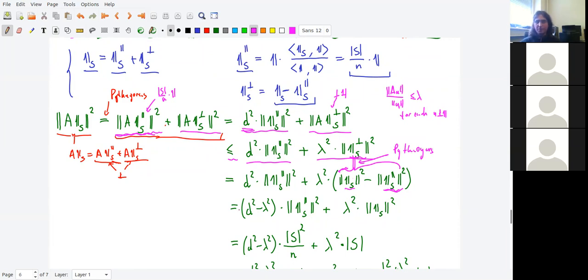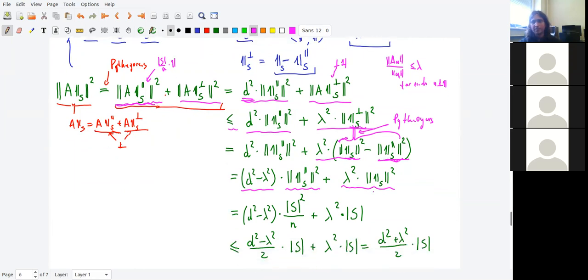Now if I rearrange all of this, I can move this part to the other bracket and put a summand corresponding to the parallel part with the coefficient d square minus lambda square, and have a summand corresponding to the whole vector being lambda square times the norm square of the 1 on S.